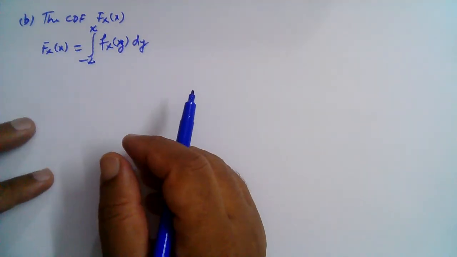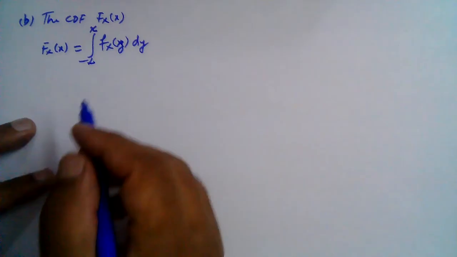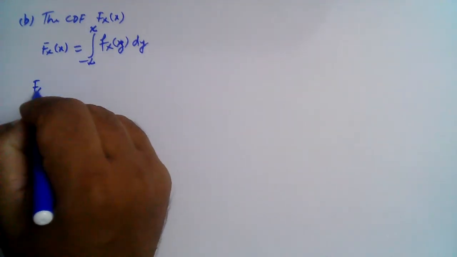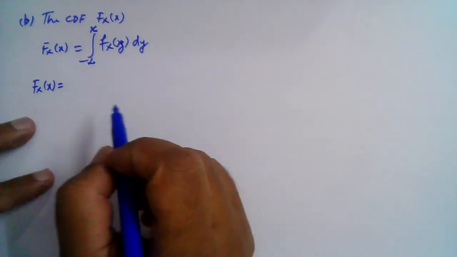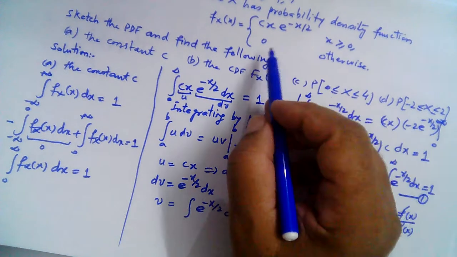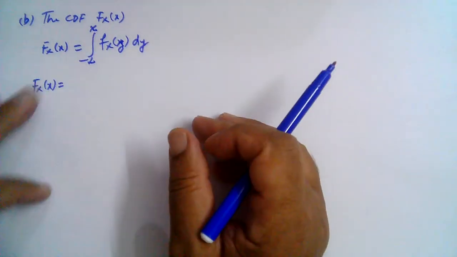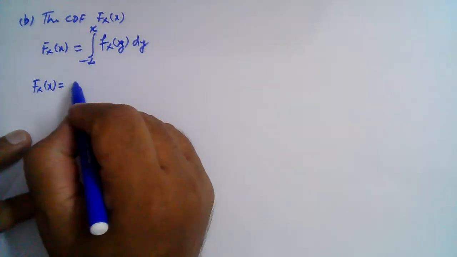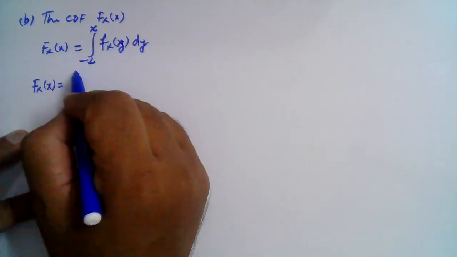So in our given case, F_X(x) is equal to, so we know that the PDF is 0 for negative values. So the integral from minus infinity to 0 is 0. So in fact it will be from 0 to x, right?